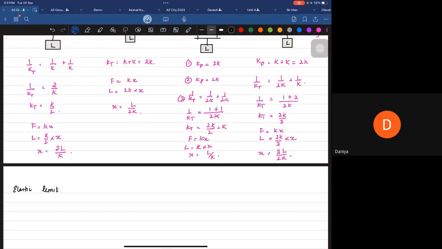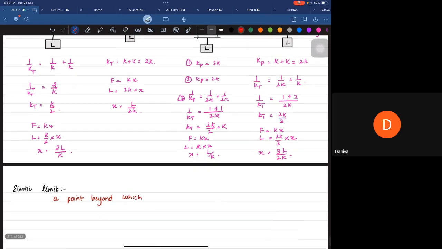So we got basically elastic limit. So elastic limit is a point beyond which the material does not return to its original shape.